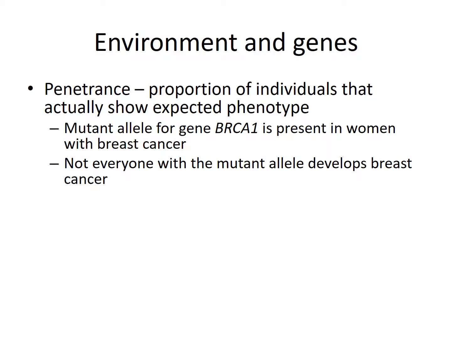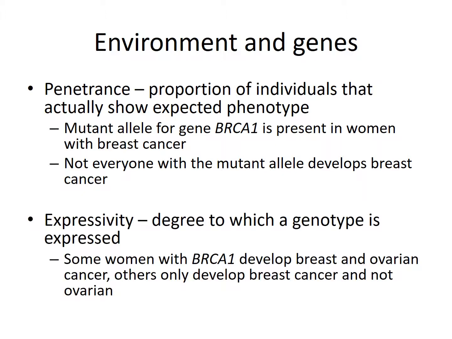But here's the thing, not everyone that has that gene is actually going to test positive for breast cancer or express the breast cancer gene in their lifetime. A lot of it depends on environment and what actually goes on. So penetrance is measuring how many people have that BRCA1 and how many people actually show it, and we get sort of a ratio there.